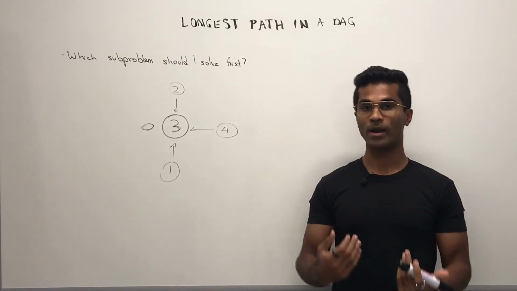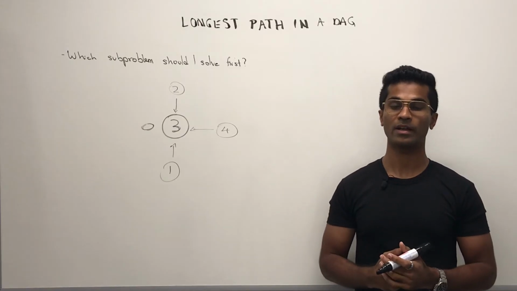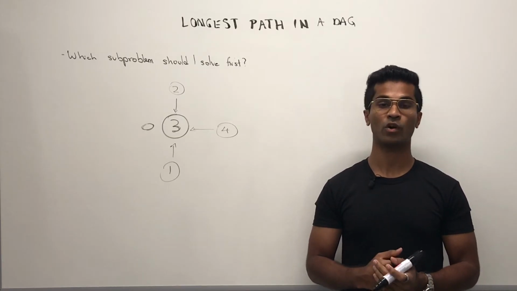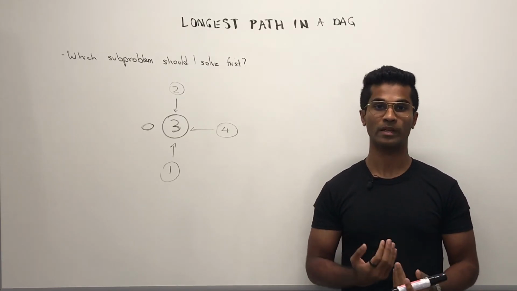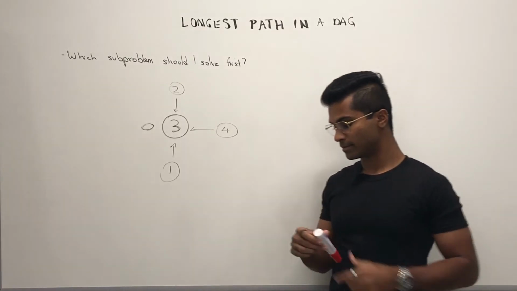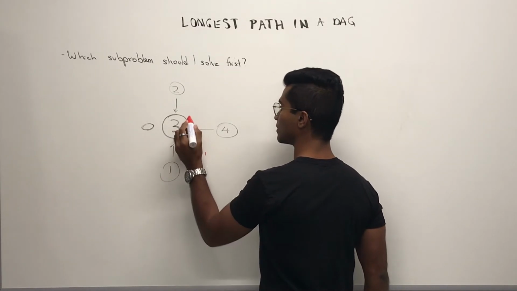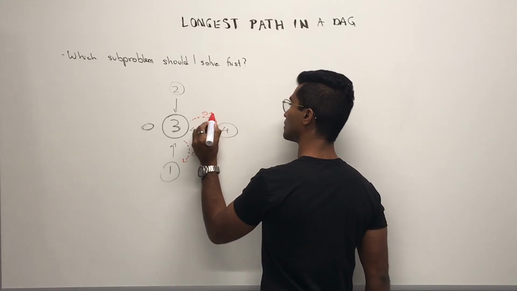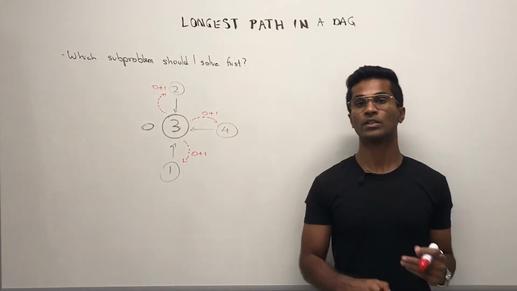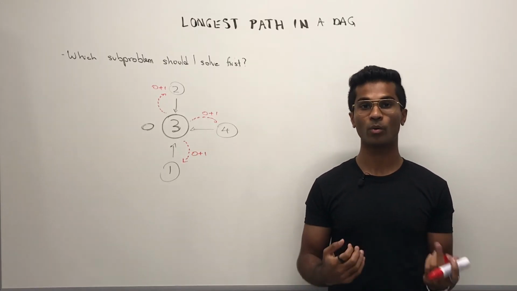So anytime 1 is going to ask 3, or 2 is going to ask 3, or 4 is going to ask 3, 3 is going to say, alright guys, my value is 0, so I'm going to say 0 plus 1 because the distance between you and me is 1. We have one edge that separates us. So the answer 1 or 4 or 2 is going to get is going to be 0 plus 1.